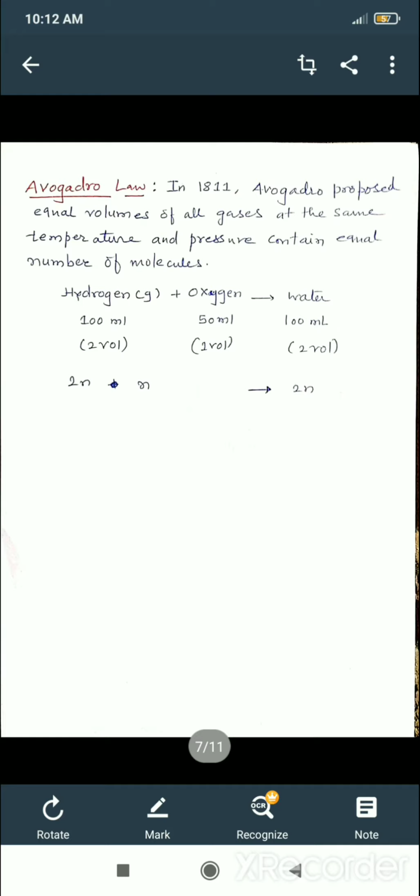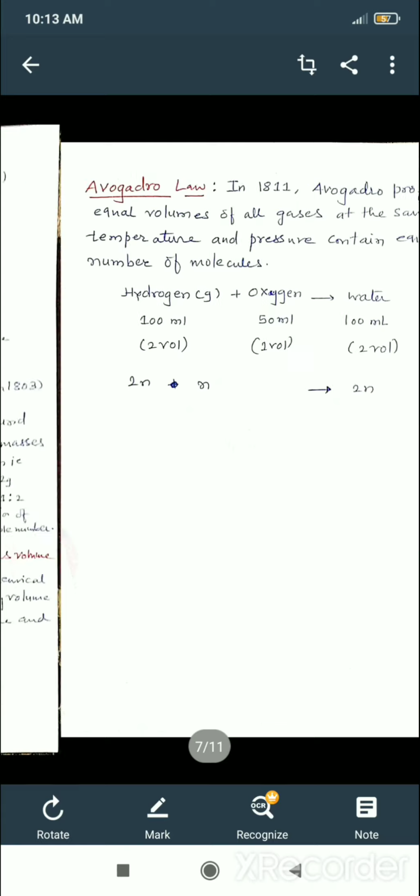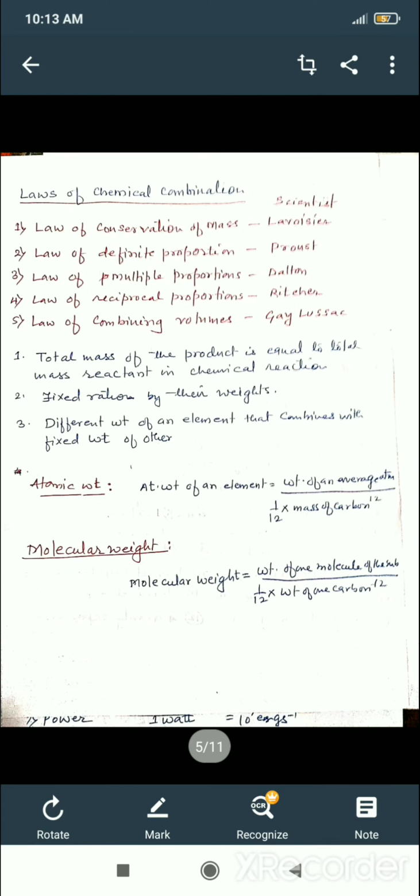So hydrogen is 2 volumes, oxygen 1 volume, and finally there is formation of water, that is 2n, 1n and 2n. The example is hydrogen plus oxygen converted to 2 volumes of water. This is all about the general discussion of the laws of chemical combination.